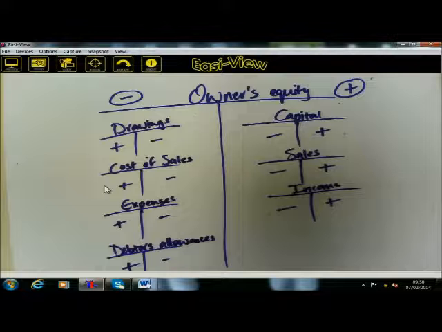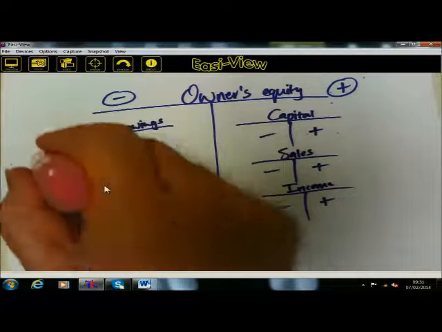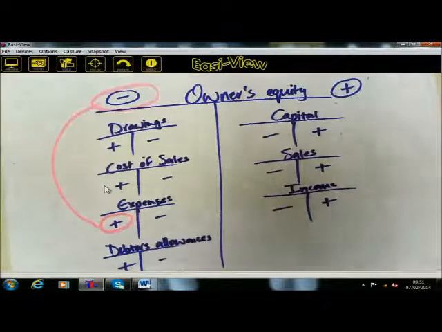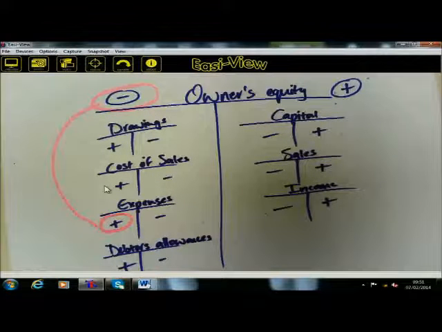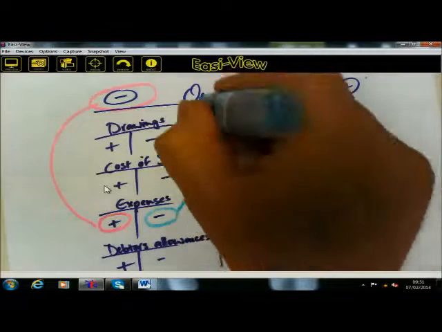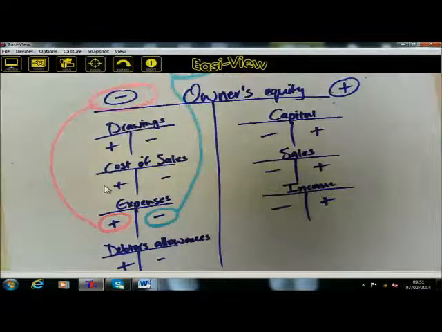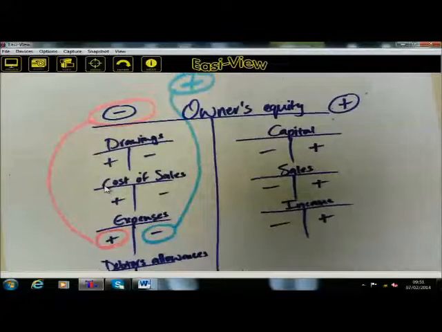The moment that you've got more expenses, then your owner's equity becomes less. But the moment that you've got less expenses, then your owner's equity is going to become more because of less expenses.